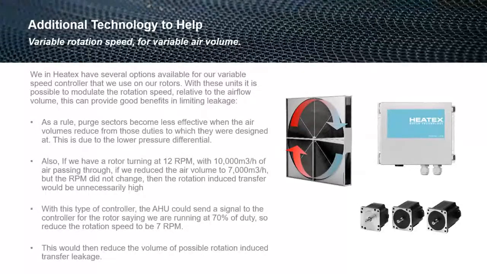If we have a building using a hypothetical 10,000 meters cubed an hour at 100% capacity, and through the day people leave and the volume is not required and the unit goes down to 70% of volume, the unit can send a message to our controller to say, okay, we're putting less air through the building, so let's reduce the rotations per minute to ensure we don't get an excess of rotation-induced transfer or carryover.